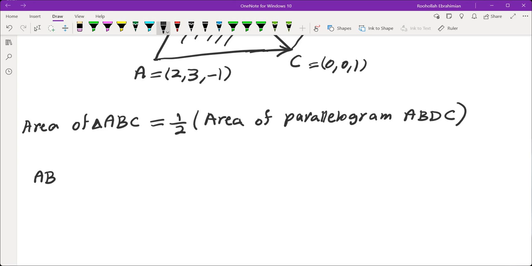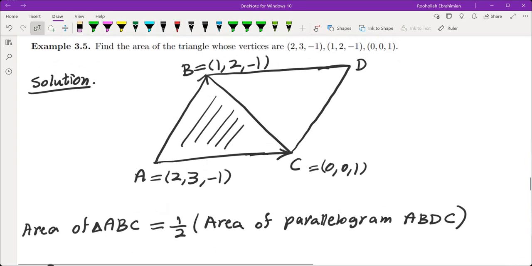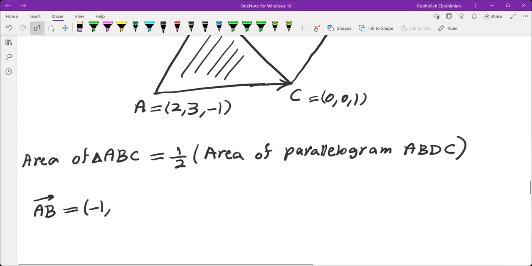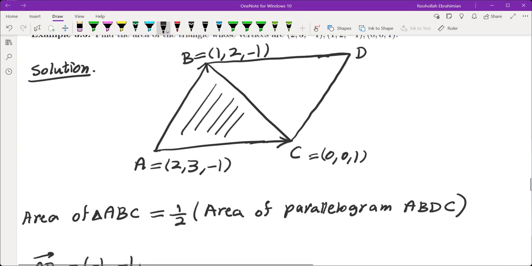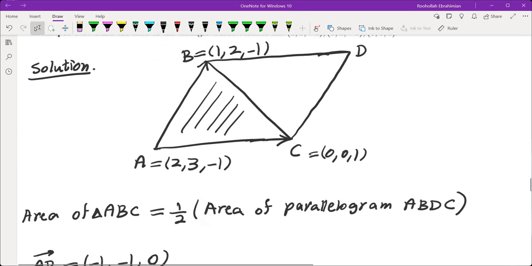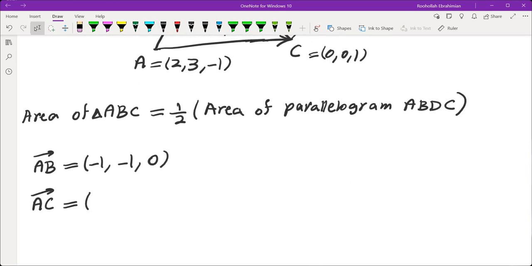So AB is going to be, well, what is AB? We have to take the terminal and subtract the initial from that. So 1 minus 2, so that's -1. 2 minus 3, that's also -1. And then -1 minus -1, that's 0. And then we do AC. So C minus A. So 0 minus 2, 0 minus 3, and 1 minus -1. So that is 2.